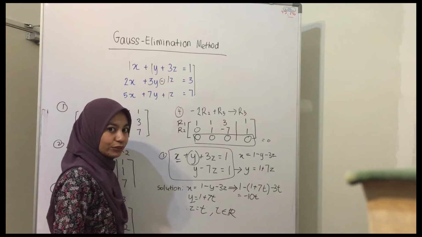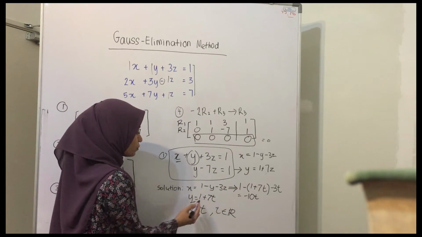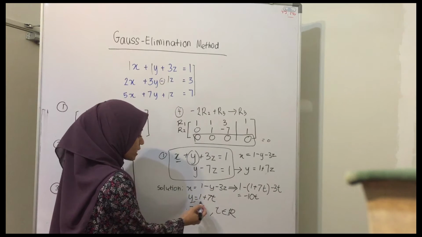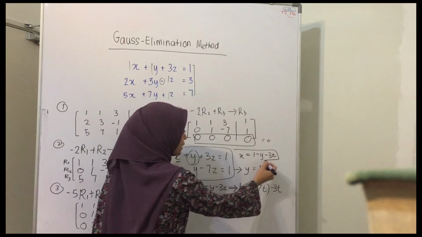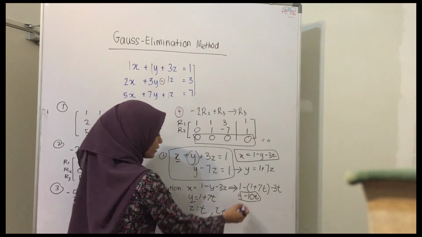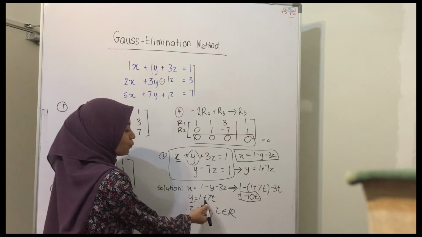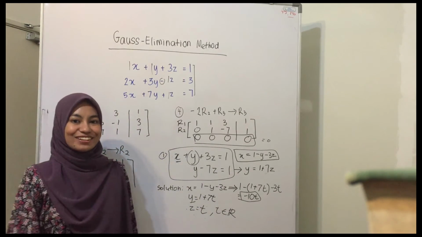We know that t is any real number. So x is equal to 1 minus y minus 3z, where y is 1 plus 7t. So we get x is equal to negative 10t, y is equal to 1 plus 7t, and z is equal to t. That's all from me.